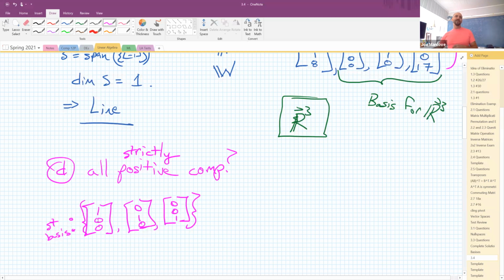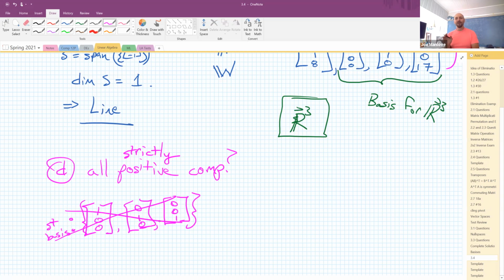Okay, so the standard basis does not have all positive components. So what I need to come up with is something that is a basis that has all positive components.